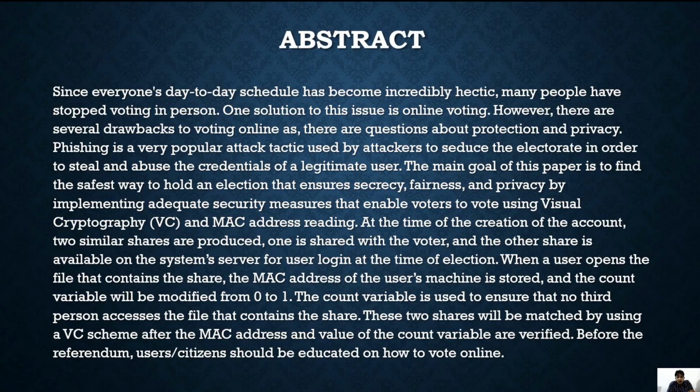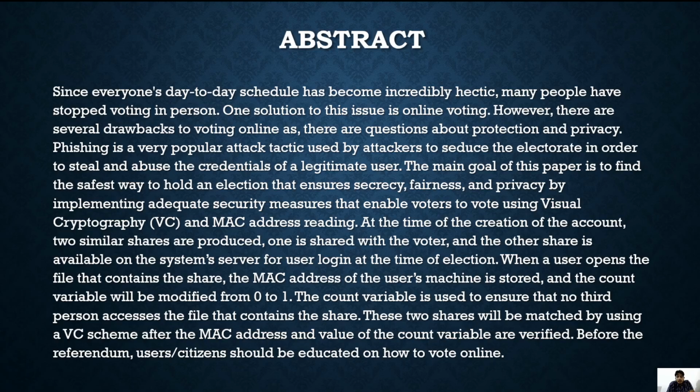At the time of creation of the account, two similar shares are produced. One is shared with the voter, and another share is available on the system servers for user login at the time of election. When a user opens the file that contains the share, the MAC address of the user's machine is stored, and the count variable will be modified from 0 to 1.